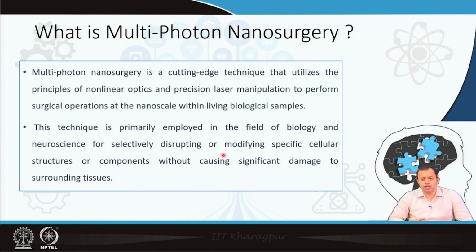Obviously much more complicated than said, but the potential is here, and thereby you can help in not just breaking down something like a bad cell, bad tumor, bad neuron, but you can also modify and repair specific cellular structures or components without causing significant damage to surrounding tissue. So, that is overall the essence of nanosurgery.